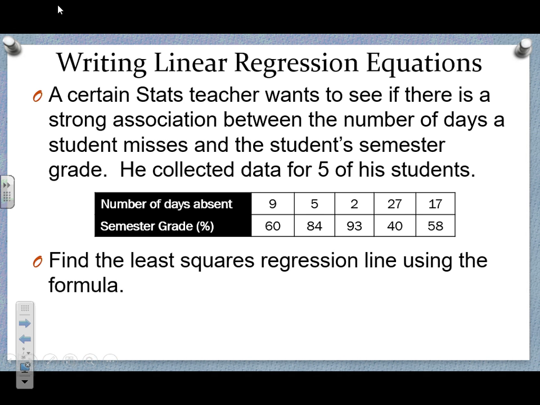And once you do, go ahead and go through the process of finding correlation. So go ahead and choose your linreg ax plus b, or if you want to keep things consistent with your book, use that linreg a plus bx. So if you scroll down to option 8, there's a second option there that you can use as well.